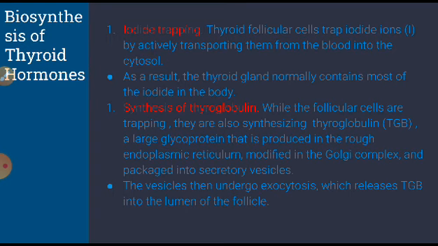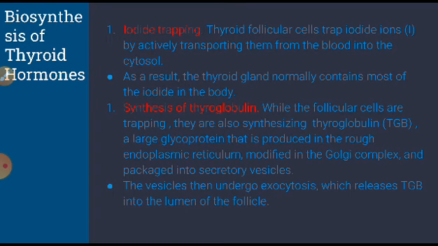Before going into the biosynthesis of it, I just remind you about the thyroglobulin. You have seen the follicle, which is surrounding a thyroglobulin filled body, that's the lumen, and in that follicle all this process is going to happen, right.